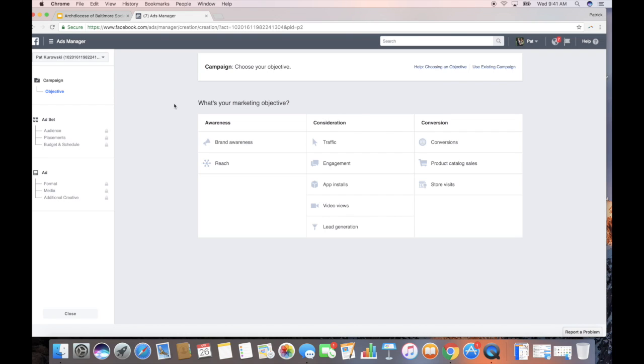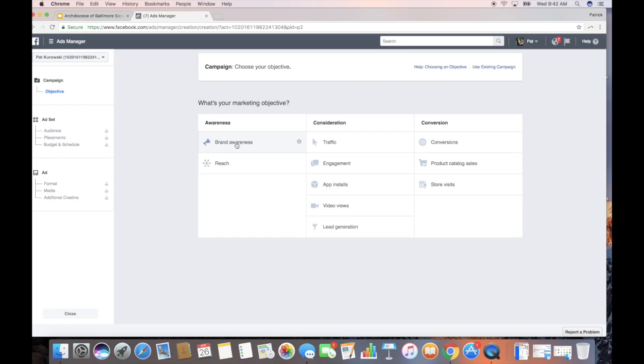If you're just starting out, you'll notice that Facebook is going to ask you the question, what is your marketing objective? You'll have 3 different silos for this to happen. You can have an awareness-based ad, you can have a consideration-based ad, and finally a conversion-based ad. What it means by that is they're trying to get a better sense as to, are you really looking to just have a branded message?